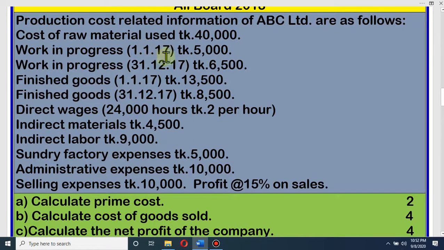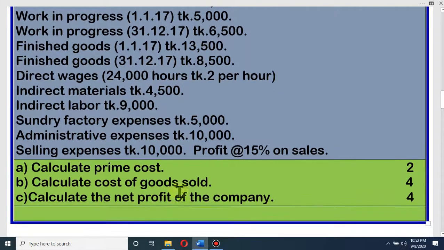This information is given to you for calculating prime cost, cost of goods sold, and net profit of the company. Dear student, in the first lecture and second lecture I have given you the formula, that means how you can find the amount of prime cost, cost of goods sold, and net profit or loss of a company.